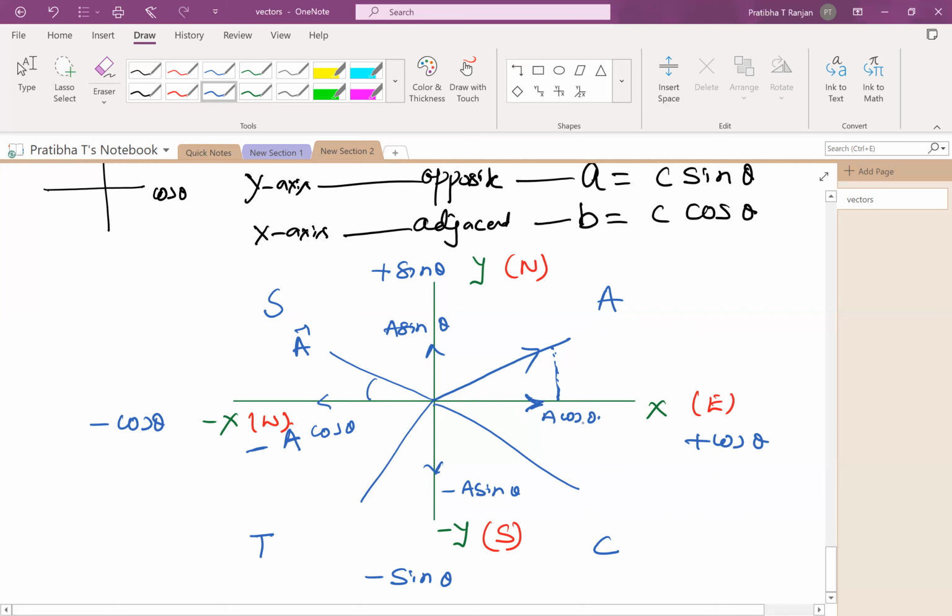So depending upon where the theta lies, if theta lies in the first quadrant, it's always positive. But if theta lies in the second quadrant, the cos will be negative, but the sine will be positive. If it is in the third quadrant, both are negative. And if it is in the fourth quadrant, only one is positive and one is negative. Right? Got it. It depends upon the direction.